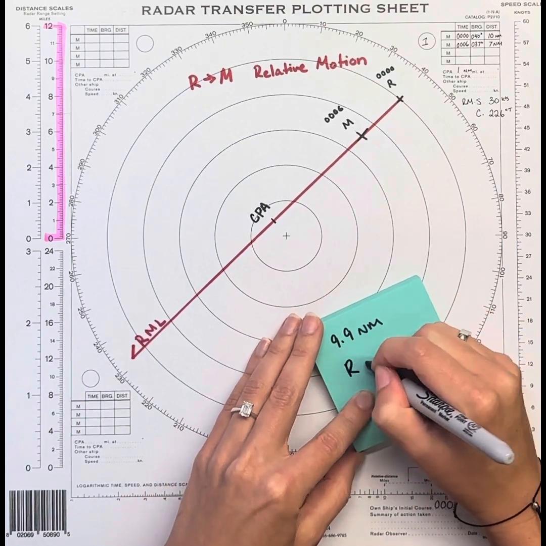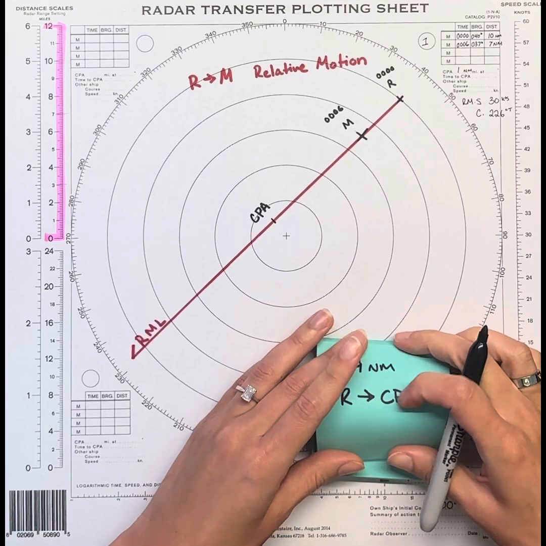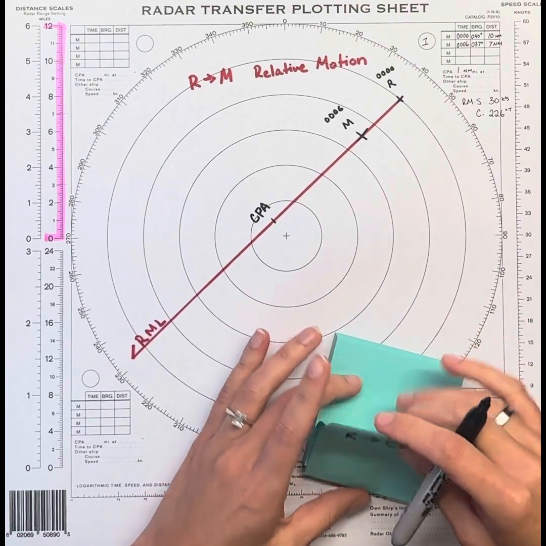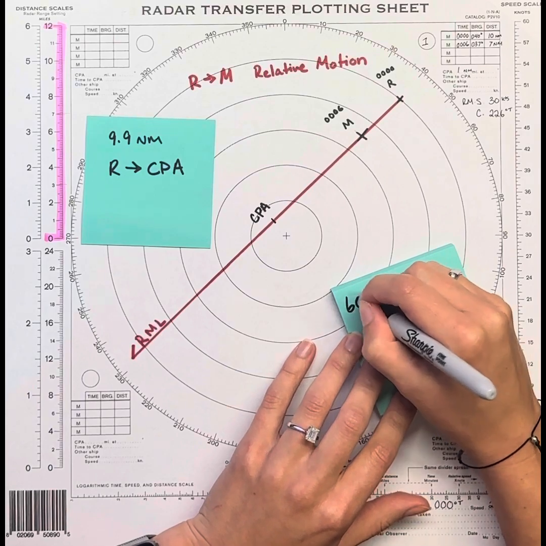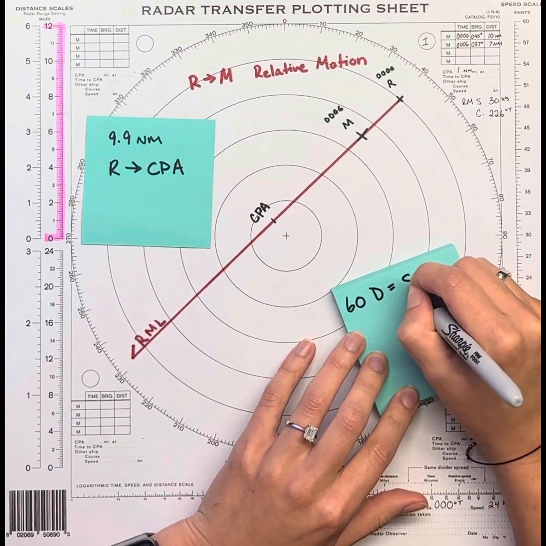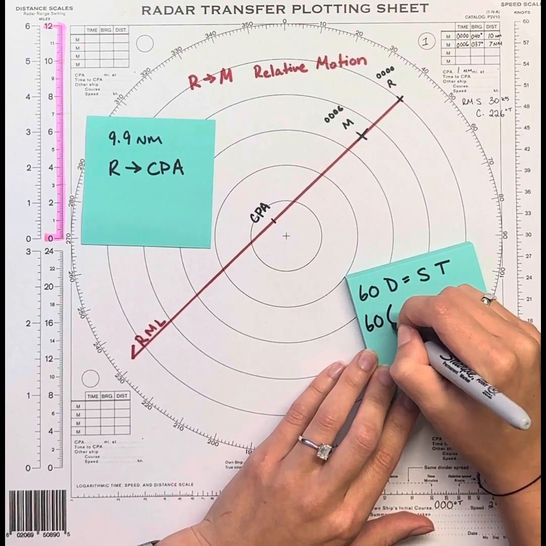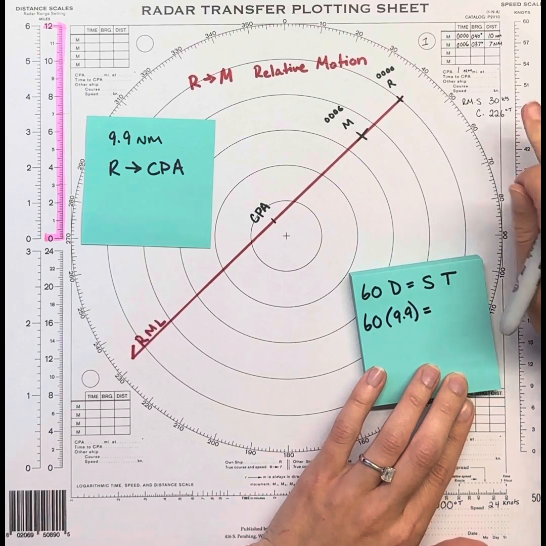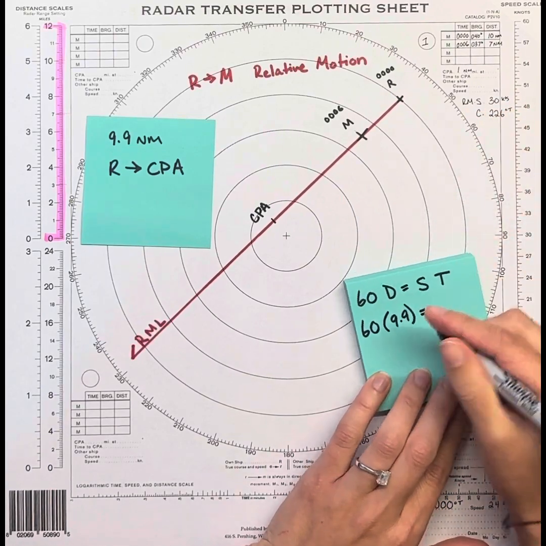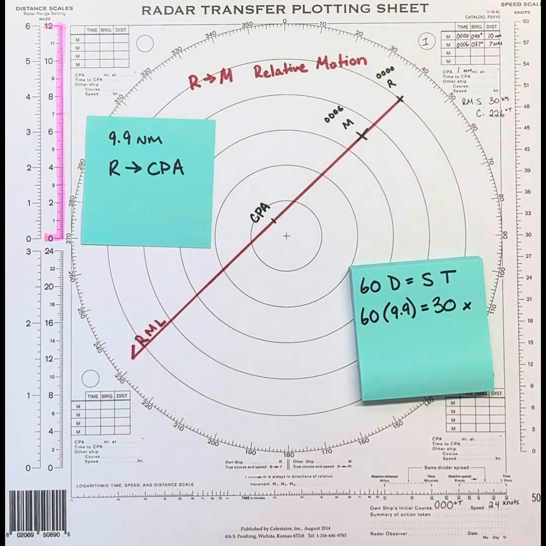So again, we are doing 60 D street. Because we're working in minutes, D, which will be our distance of 9.9, speed, which is their relative motion speed because they're traveling along that relative motion line of 30 knots, and then X for time.